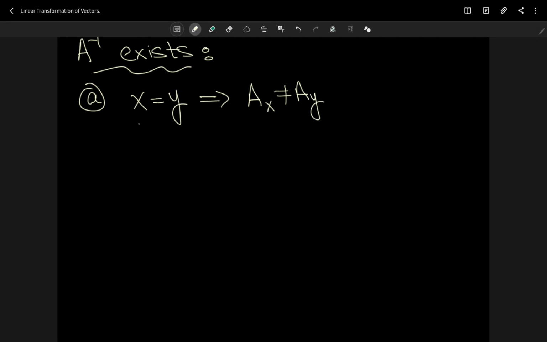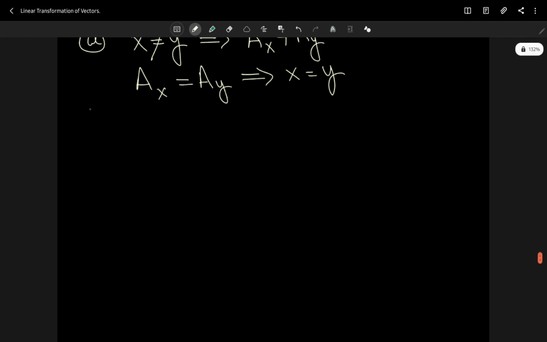Or, the other case for this same part A could be that if A x is equal to A y, that would simply imply that x and y are the same.